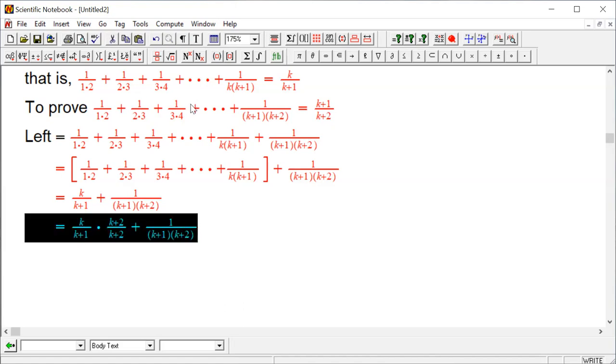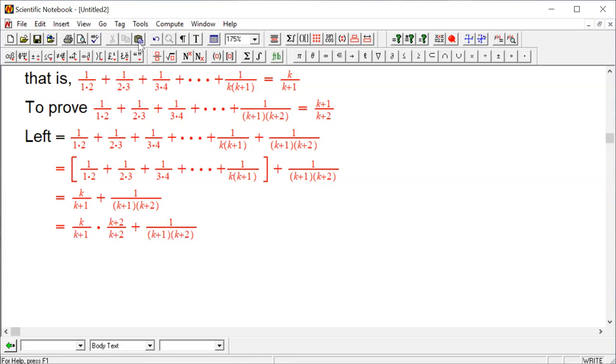So now we got the same denominator and we're going to factor. We get the same denominator, so we have K times K plus 2 times 1, plus 1. That piece is going to be gone, so we're going to have K times K plus 2.